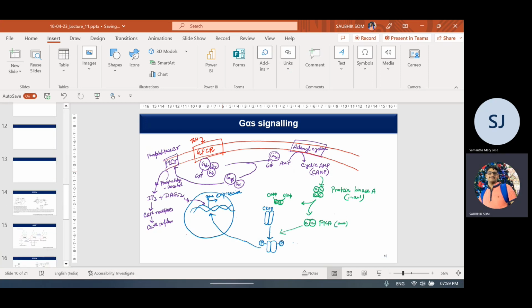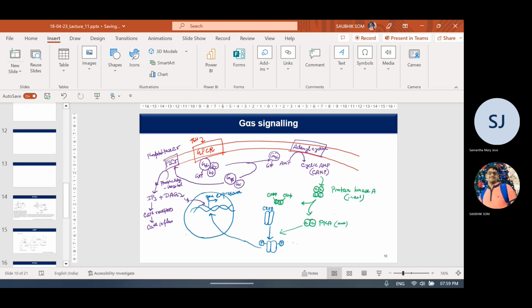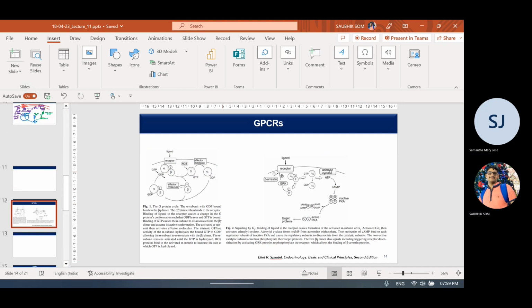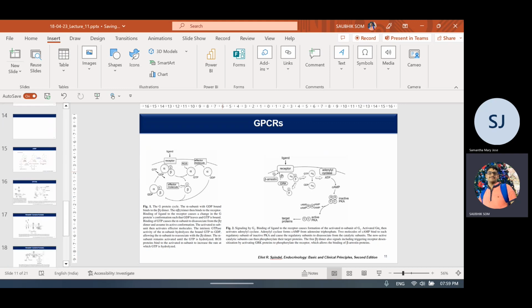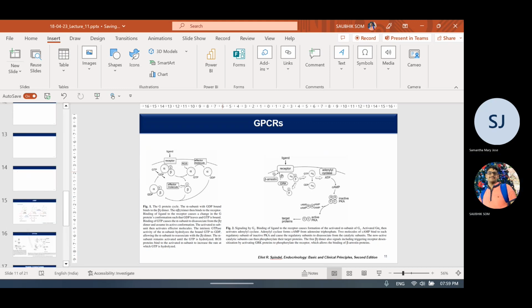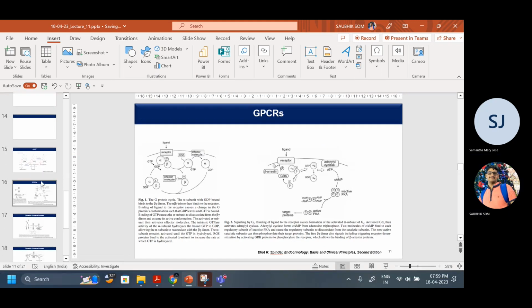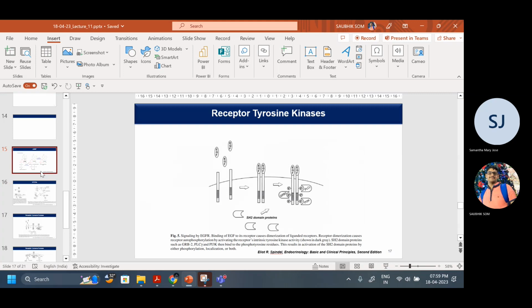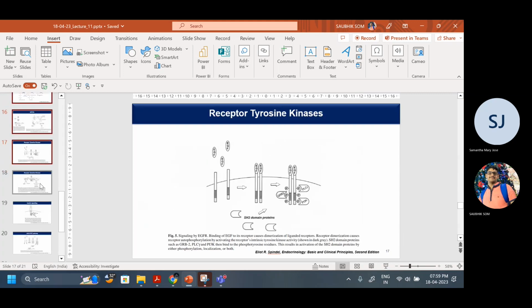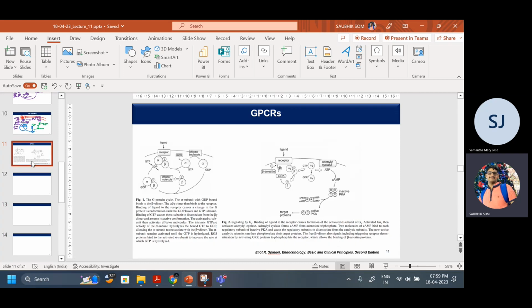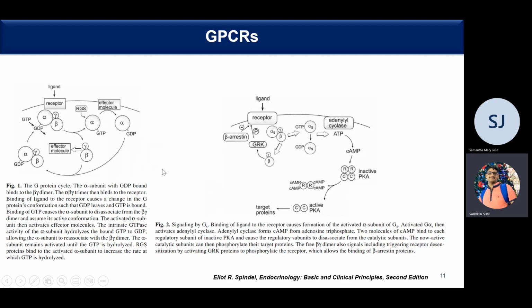If I go a little earlier and present these things, see, this is how the GPCRs work, and this is the G alpha S signaling.